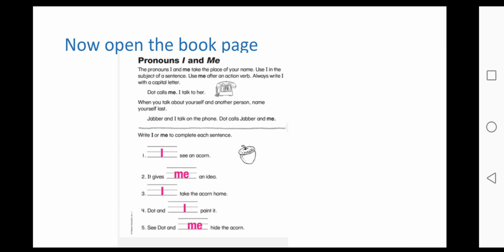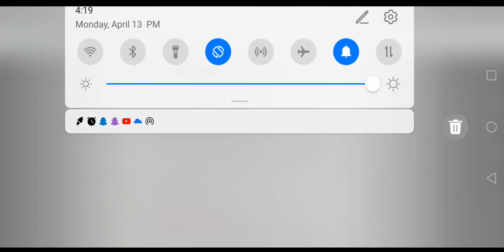Because here I have the verb gives. So the action is gives, and after the action I use the pronoun me. Good. Now take the number 3, okay?